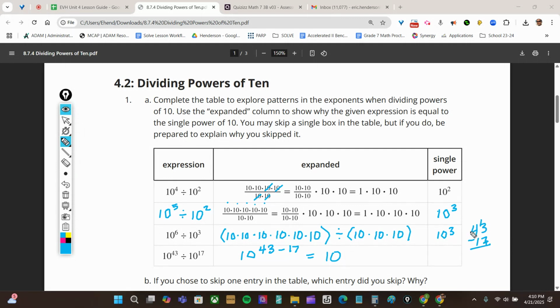That's going to be 26. So you have 10 to the 26.